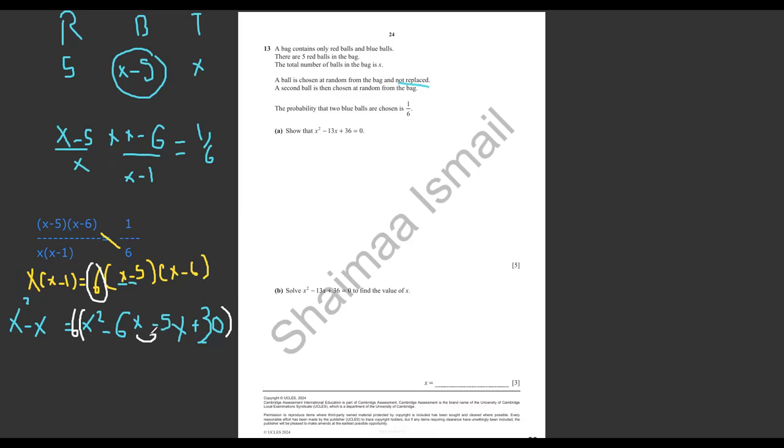Okay, let's merge this. So it will be minus 11x plus 30.